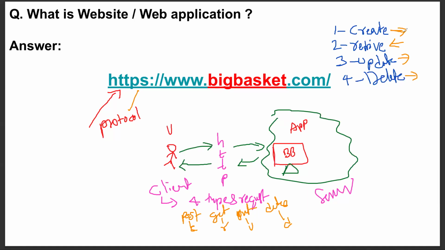Okay, guys, see the arrow symbols. Create, you're creating something at the server. Update, you're updating something at the server. Delete, you're deleting something at the server. But retrieve, you're getting data back. Among these 4, only retrieve is a safe operation, because you are not modifying anything at the server. Retrieve means we are just retrieving the data, not updating anything.